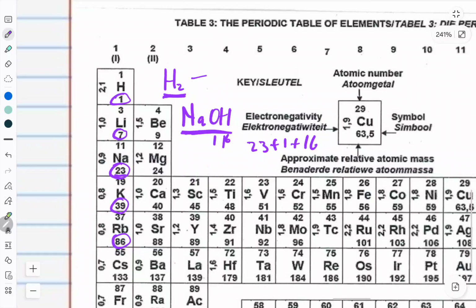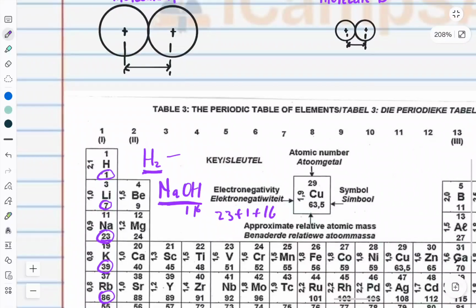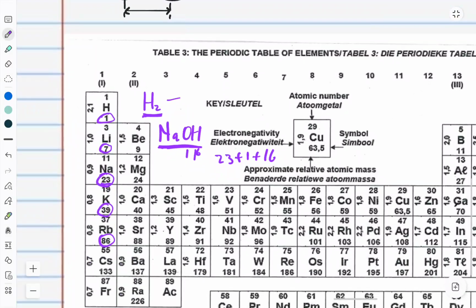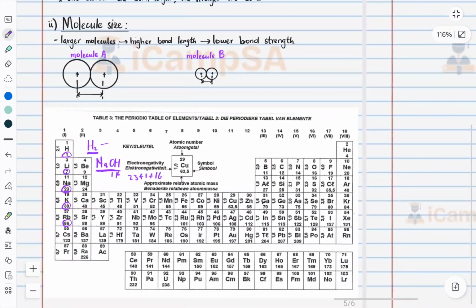So already that molecule will most likely have a weaker bond than hydrogen. Or even if it doesn't have a weaker bond, it will have a larger bond length than hydrogen.